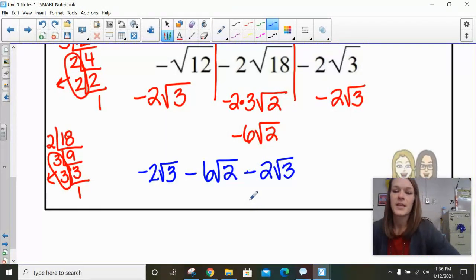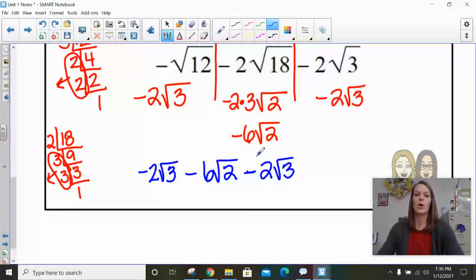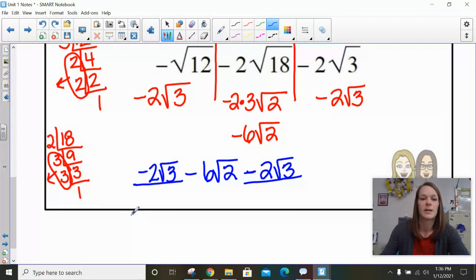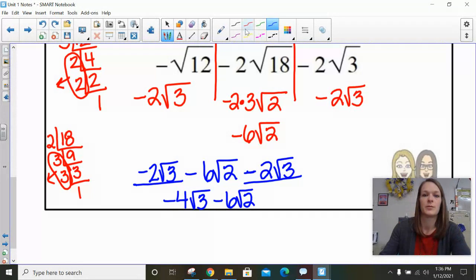The ones that have the same number under the radical are like terms. So this negative 2 square root 3 and this negative 2 square root 3 will become a negative 4 square root 3. And then this part, I'm just going to bring it down. So minus 6 square root 2. And that will be my final answer here.